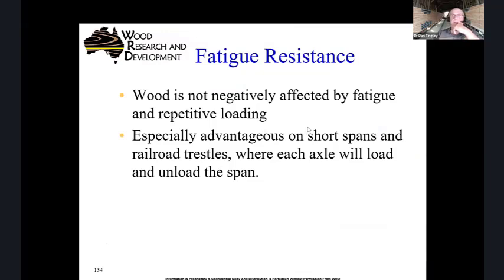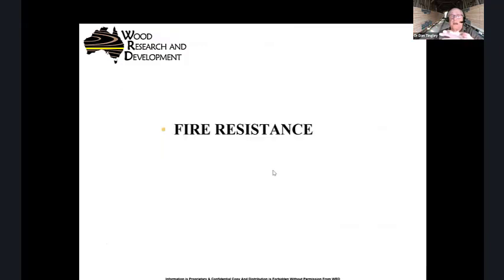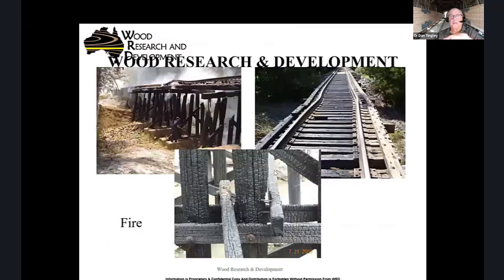Fatigue resistance. Wood is not negatively affected by fatigue. It likes repeated loads. It doesn't fatigue easily. And that's an important aspect of timber bridges. Fire resistance. We always hear about wood, oh no, fire. Well, really what goes on in fire is the timber, the big dimension timber chars. The places where timber bridges are subject to fire is where there's decay.